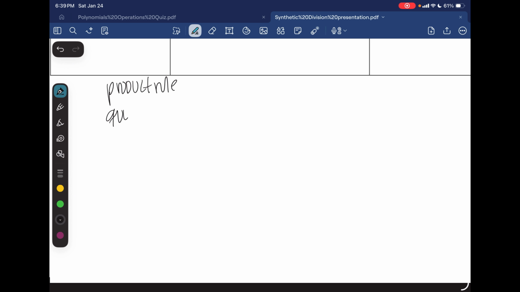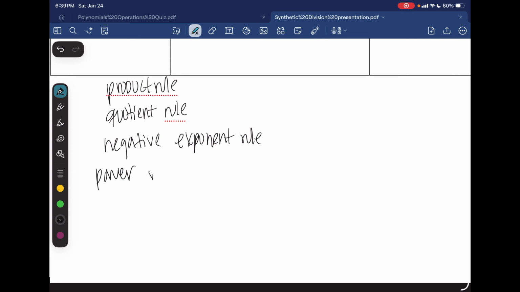Product rule, quotient rule, negative exponent rule, power rule, zero exponent rule. All right, so product rule: if you have the same base, you can add your exponents. So write that down.